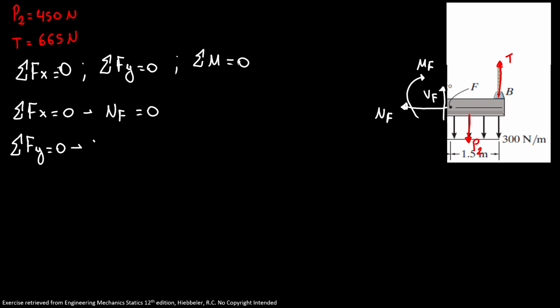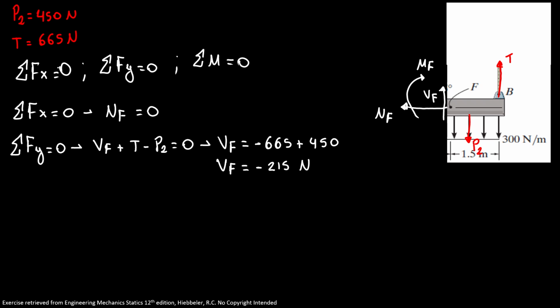Here we have shear force at F plus our tension minus P2 is equal to 0. The shear force is equal to minus 665 plus 450. So our shear force at F is equal to minus 215 newtons. The minus means it's in the opposite direction.